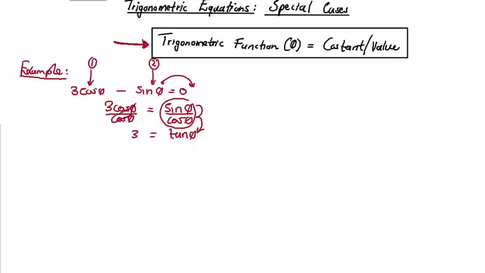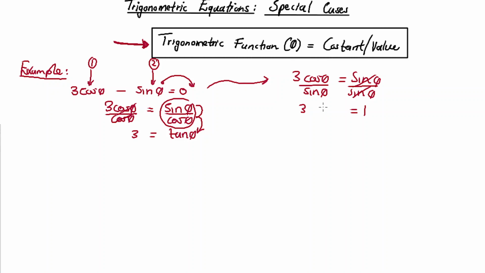Had I divided by sine, I was not going to wind up with one trigonometric ratio. Let's say I did this: cos theta equal to sine theta, and divided by sine instead of cos. This over this gives me 1, then 3, and you see I have a problem now.